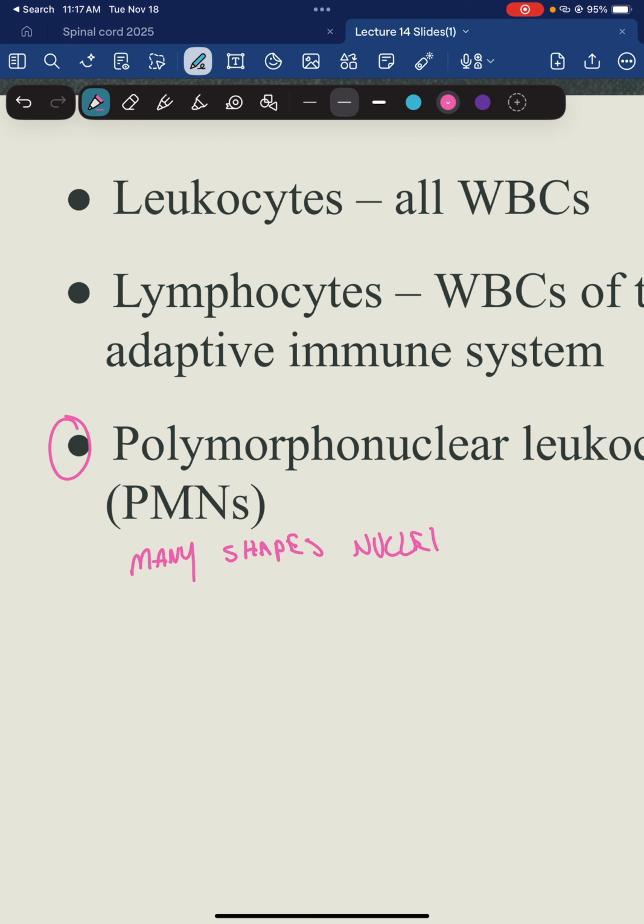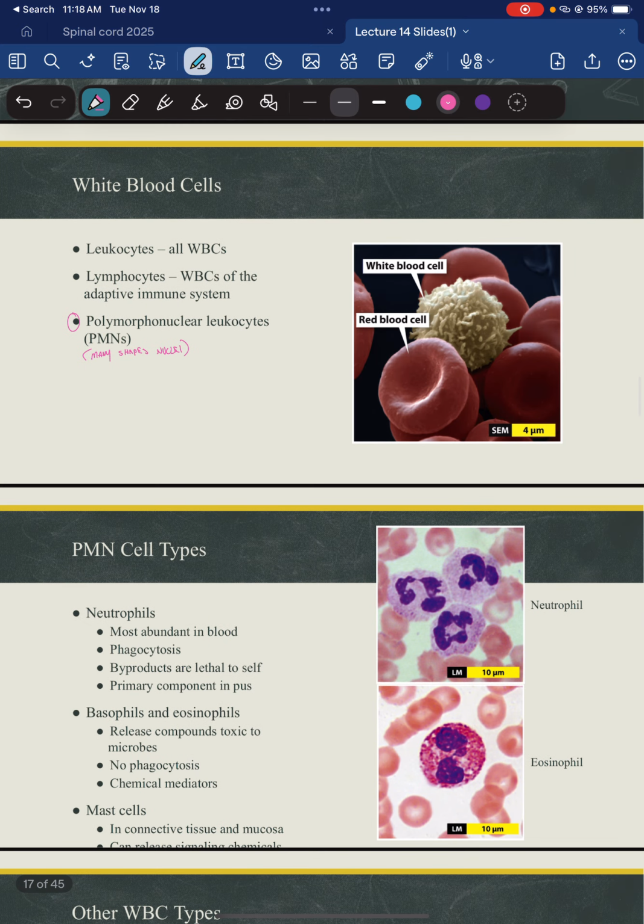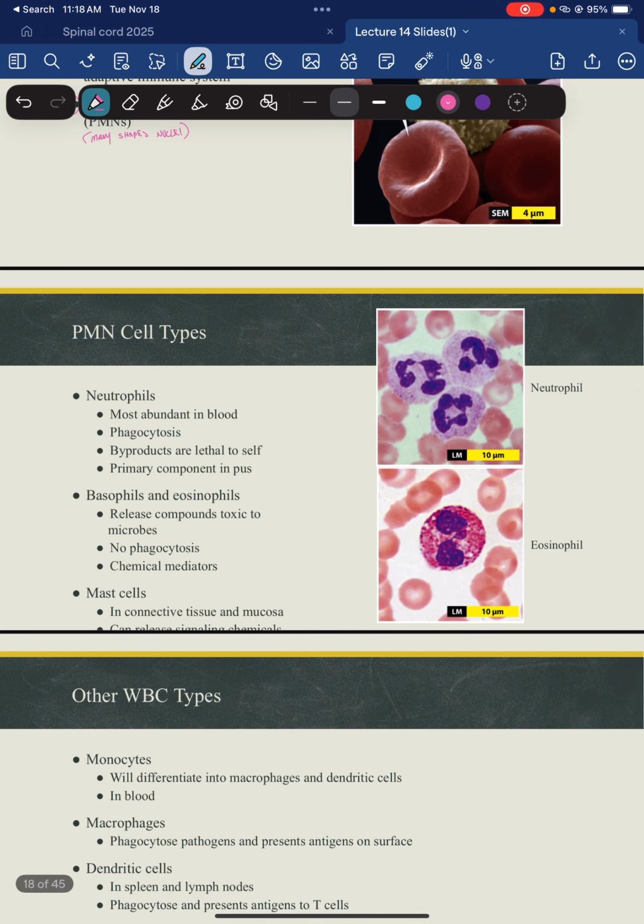These are named as such because whenever we stain their nuclei, they all have really weird shapes. Usually in most of our cells, if you look at a nucleus, it's just a little sphere in the middle, like a mini cell inside of a cell, just like every diagram you've ever seen of a eukaryotic cell. But these guys have lobed nuclei. For example, this is a neutrophil, this is an eosinophil, and you can see that the nuclei look odd.